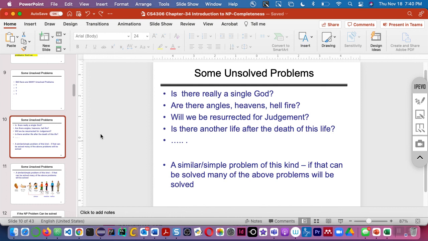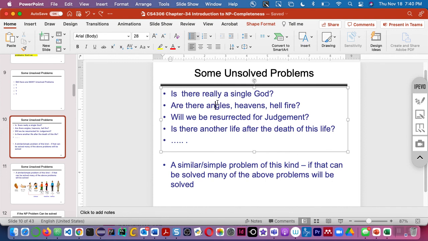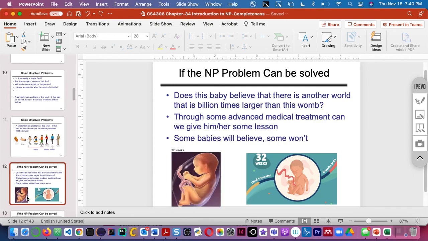For instance, for me, we cannot see God, we cannot see heaven, we cannot see angels, okay? We cannot see how the judgment will be, so we cannot do any research from that. But whatever we see, we know there are babies, every human being is born this way. So some group of medical people, medical students, may reach a professor and start research from here. This is doable, right?